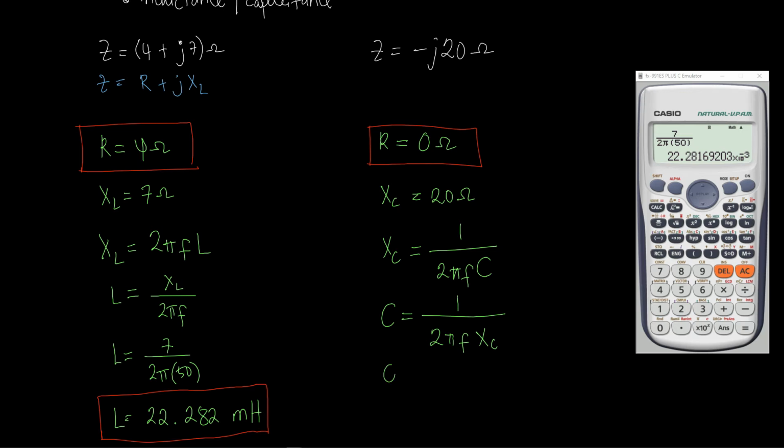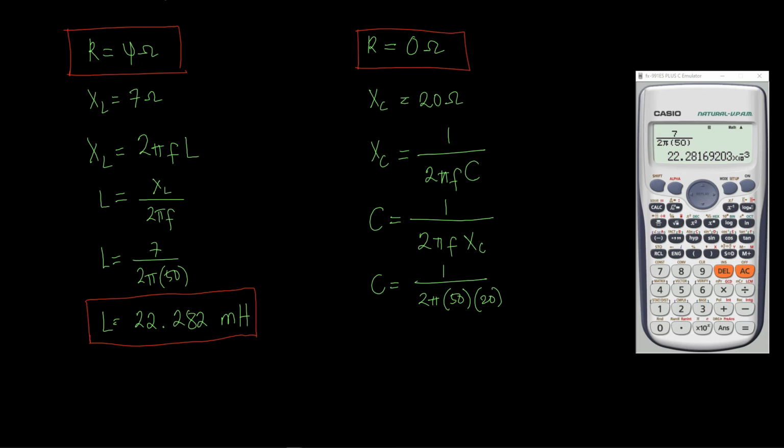So, we have C is equal to 1 over 2 pi times 50 times ang XC na to is 20. Okay, so we have capacitance na 1 over 2 pi times 50 times 20.